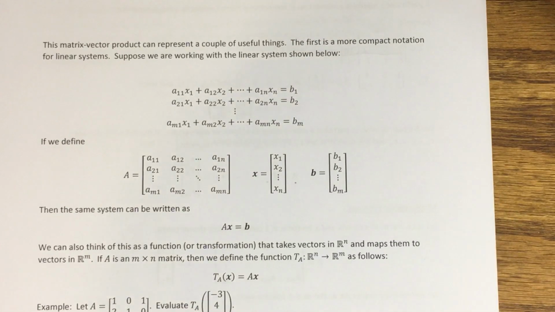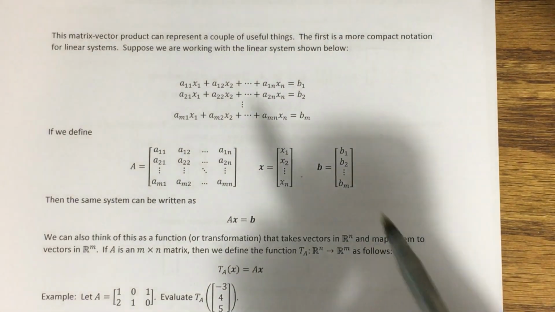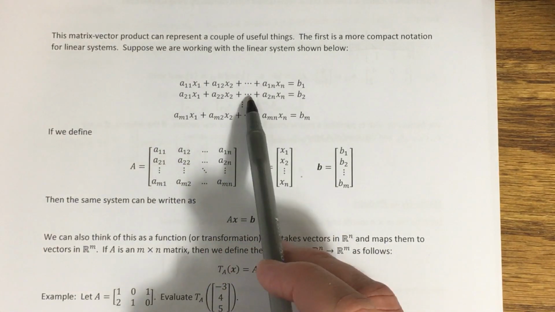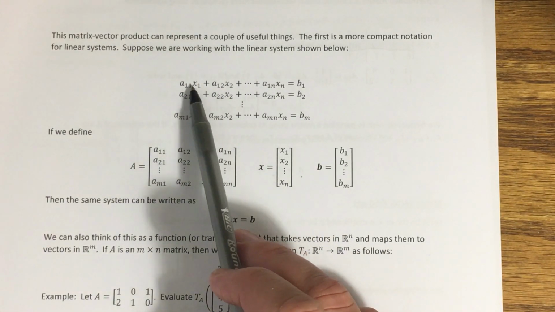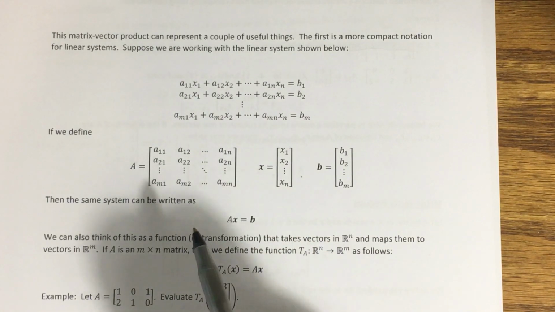So why am I talking about matrix vector multiplication, a matrix times a vector? Well, right away, defining matrix vector multiplication this way gives us a way of representing systems of linear equations using matrix multiplication. Suppose you have this system of linear equations. It's a system of m equations in n variables.